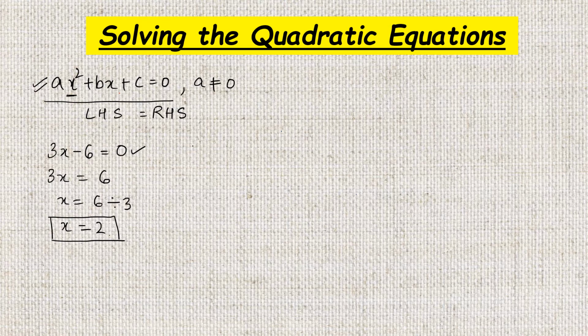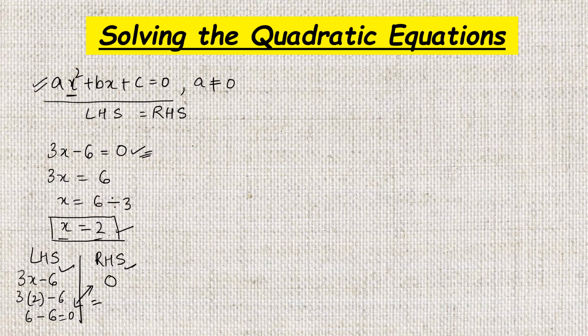Why it is a solution of this linear equation? Because when x is equal to 2 is put back in this equation, let us see, this is LHS, this is RHS. LHS is 3x minus 6 and RHS is 0. When I put x equal to 2 back in this equation, is it satisfying this equation? Yes, satisfying means LHS and RHS both are equal.